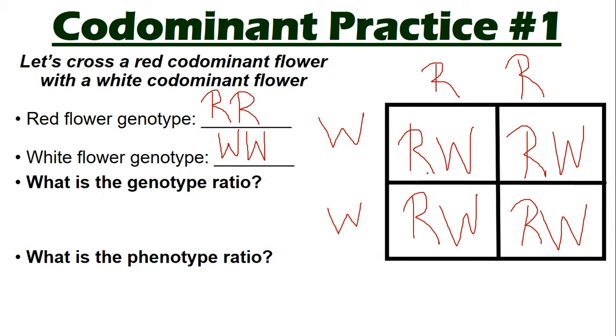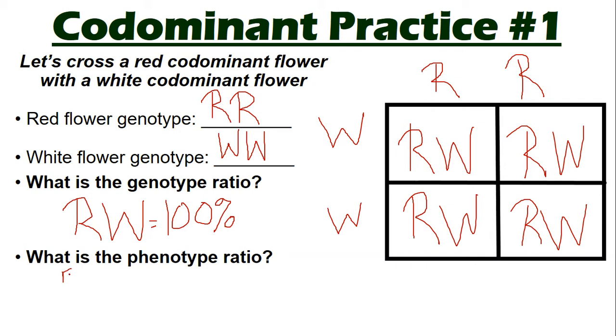So, genotype ratios, the first one I see is R, W. How many boxes have RW or both of the letters in it? All four. So that's 100%. And what is the phenotype ratio?